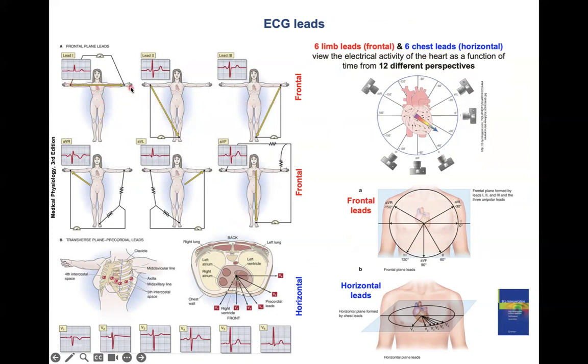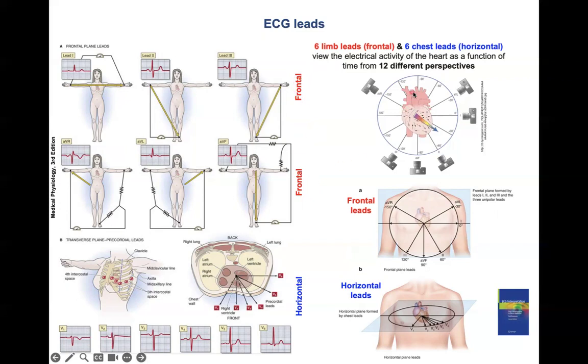We can see how they are positioned. Lead 1, lead 2, and lead 3. And according to Goldberger's leads, AVR, AVL, and AVF. These 6 leads are the limb leads, the frontal leads. They are looking at the electrical activity of the heart from frontal positions.